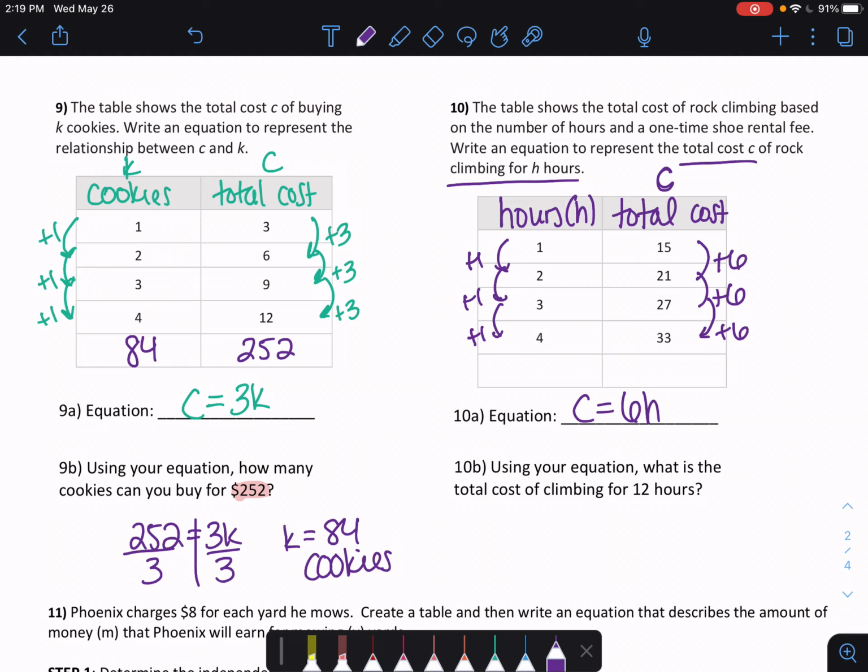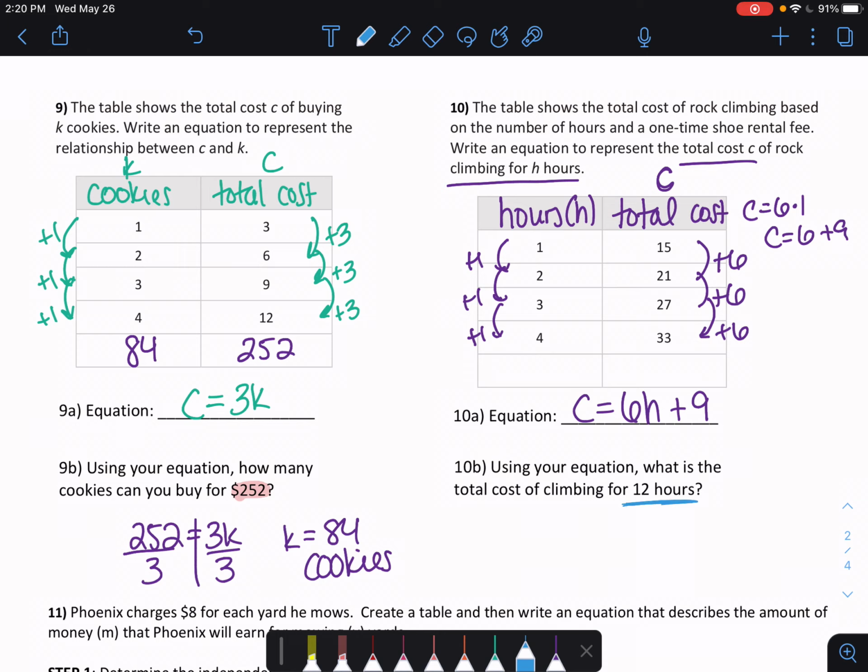And then if I check my rule this time, C equals 6 times 1. Well, C is then 6, so I have to add 9 to get up to 15. So my rule is C equals 6H plus 9. So now it says, using your equation, what is the total cost for climbing for 12 hours?